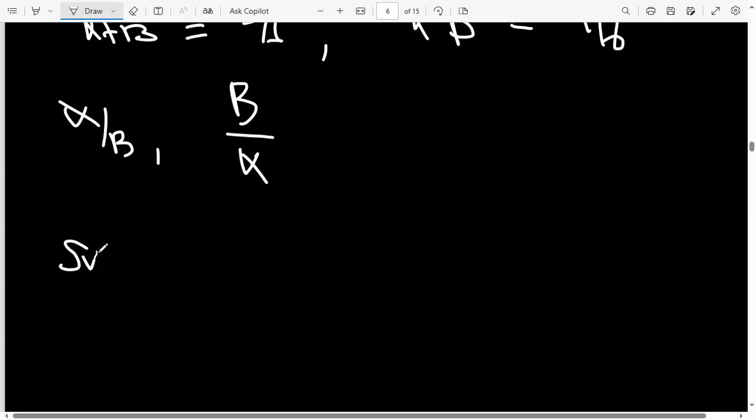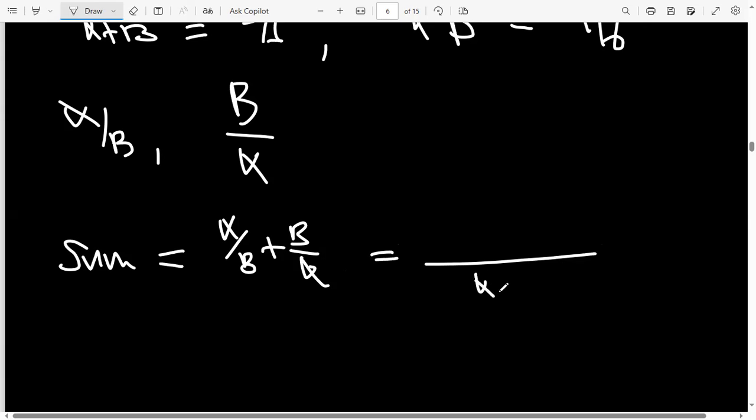So the sum is going to be equal to alpha over beta plus beta over alpha. This will be equal to, the common denominator will be alpha beta. And then on top, beta into this will be alpha, alpha multiplied by alpha is alpha squared, and on the other side you have beta squared.